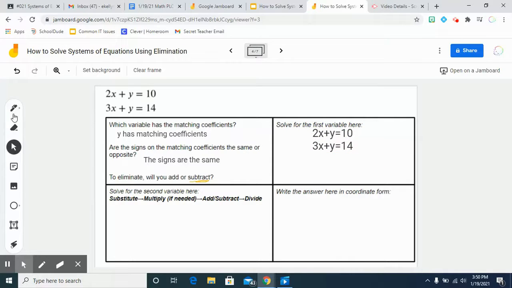So I'm going to go and, oopsies, there we go, subtract. So I have 2x minus 3x. That gives me a negative x. Y minus y gives me 0, so I'm just going to not even write that. So I have equals 10 minus 14 gives me negative 4.